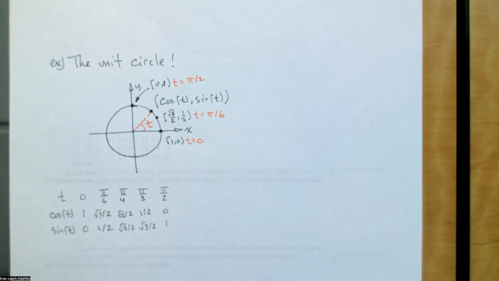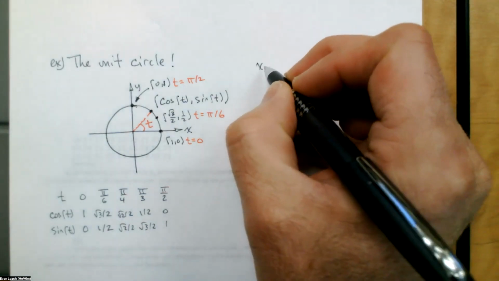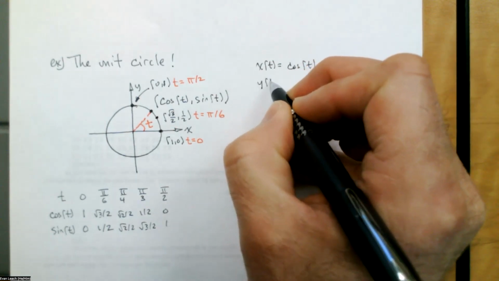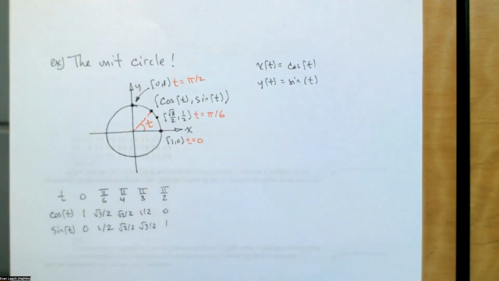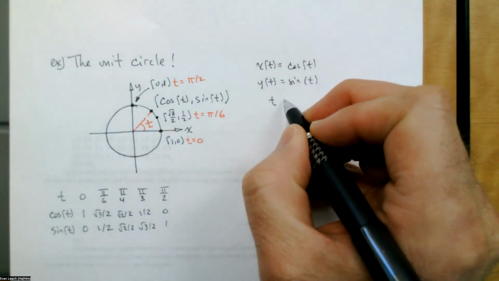Another thing that we get when we define the circle this way is that we get some direction on the circle. So if I set up a set of parametric equations where x of t is cosine of t and y of t is sine of t, the other thing that we want to tell our reader is what values of t we should use. So let's do x is cosine of t and y is sine of t for t between 0 and 2 pi.